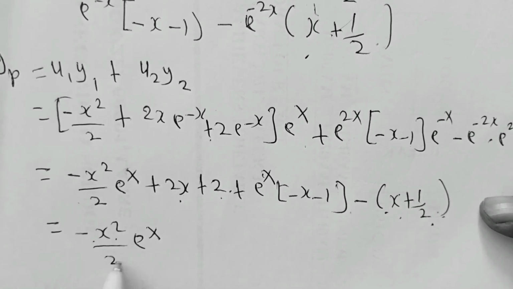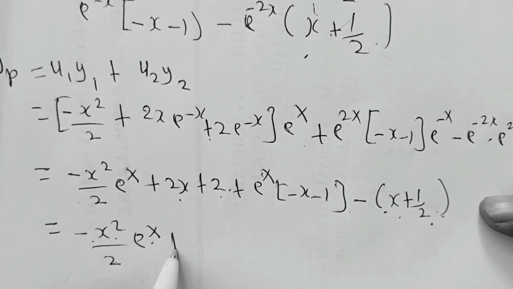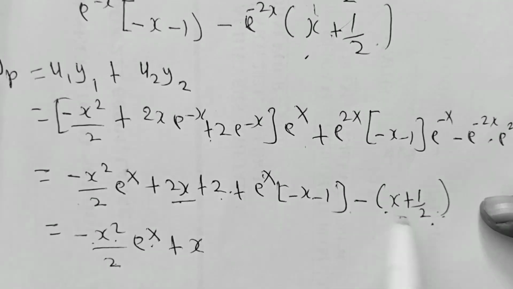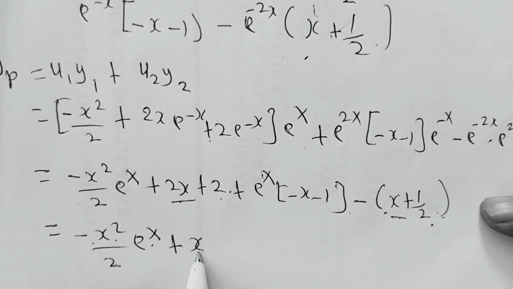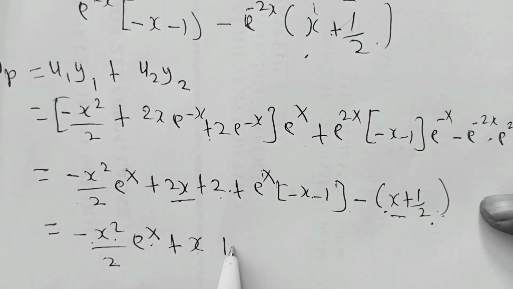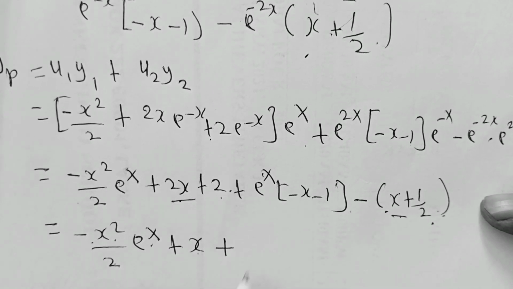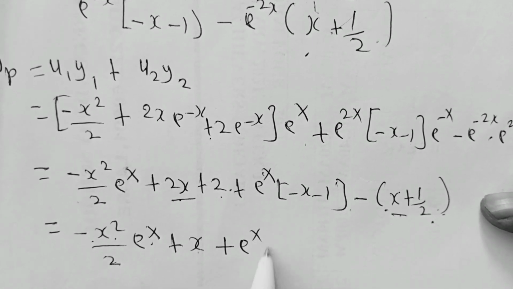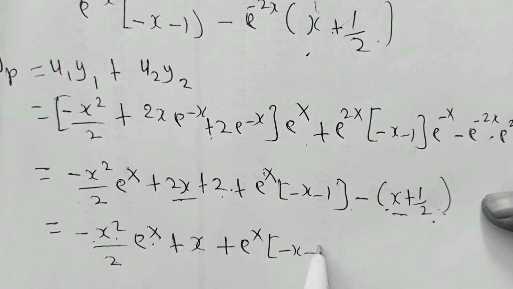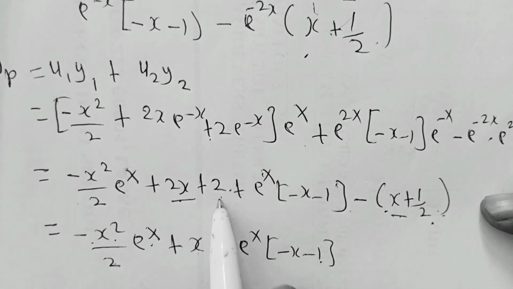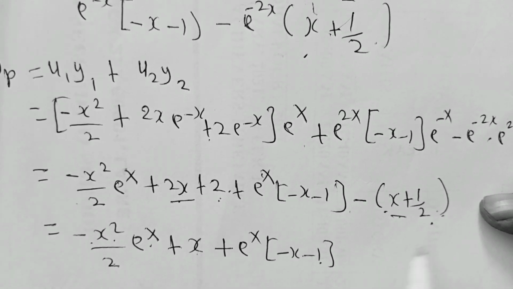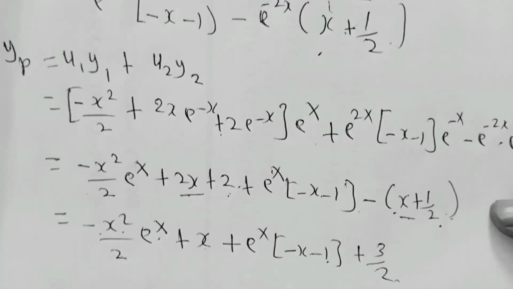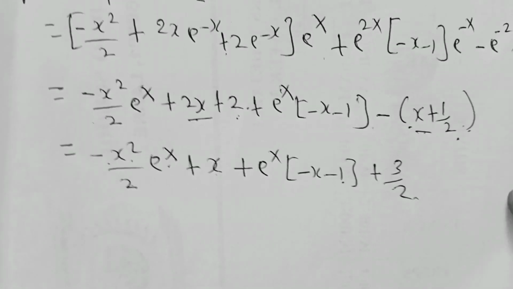So minus x squared, plus x, because this is 2x minus the x here, so you'll be left with the x, then plus exponential x into bracket minus x minus 1. Then you have 2 minus half, which is 1 and a half, which is the same as plus 3 over 2. So that is the part we have.